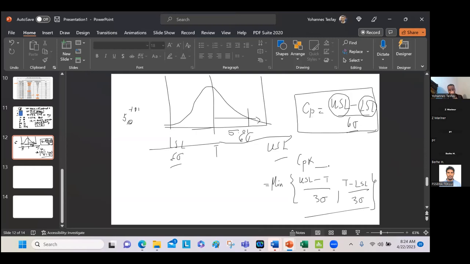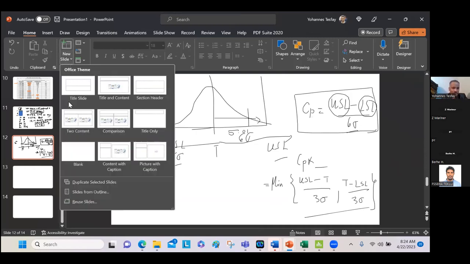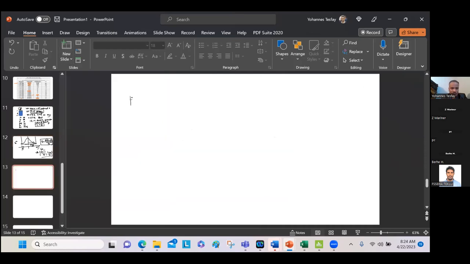And the other concept is PPK. PPK is the same too, in terms of calculation: minimum of upper specification limit minus target divided by 3 sigma, then target minus lower specification limit divided by 3 sigma.